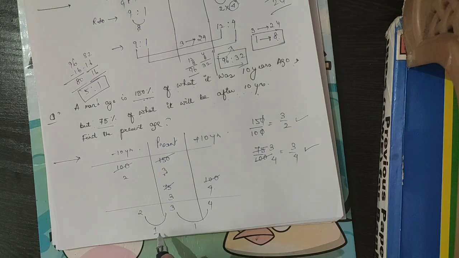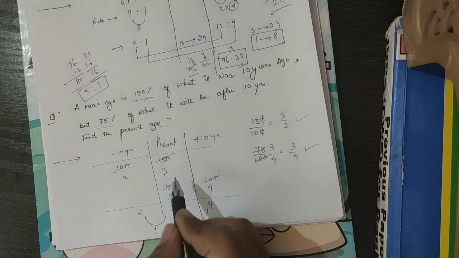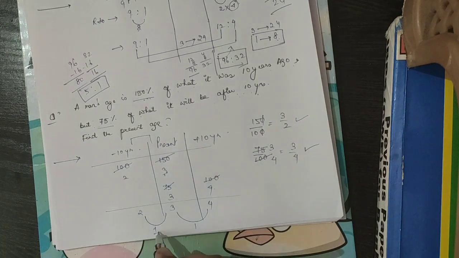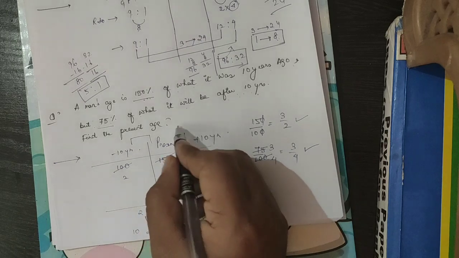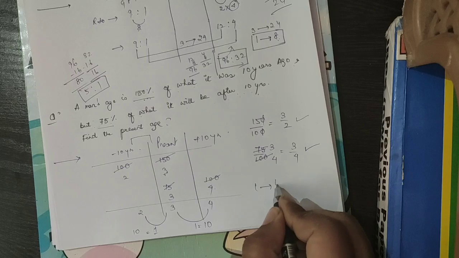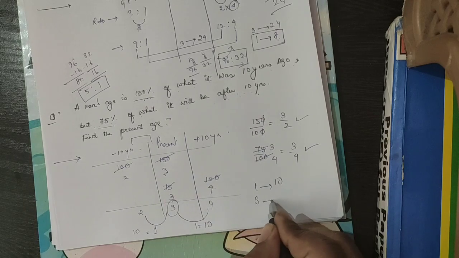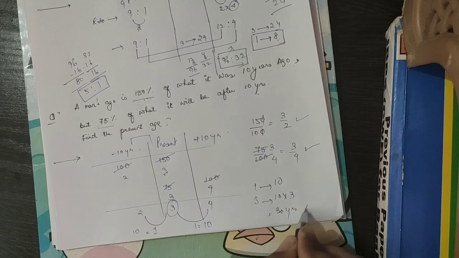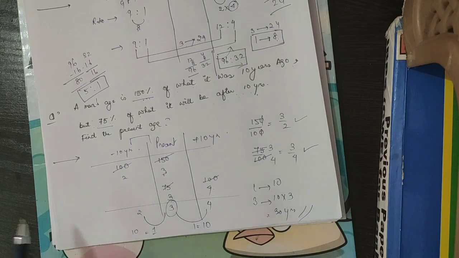And the total of this is what? For 1, here we have 10. From here to here, it is 10. From here to here also it's 10. So 1 is equal to 10, and 3 equals 10 into 3, that is 30 years. That's how we solve the problem.